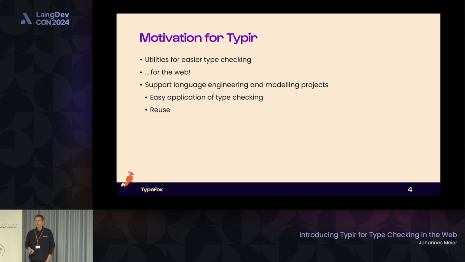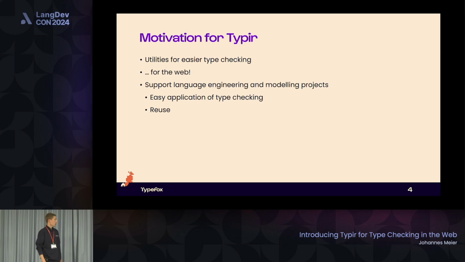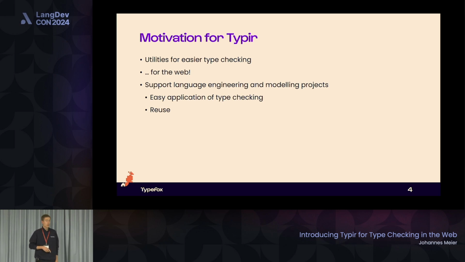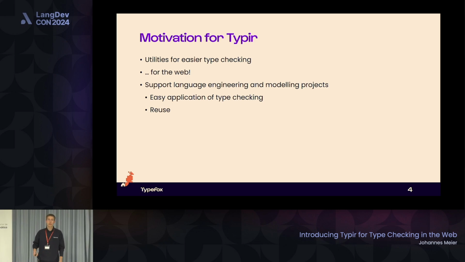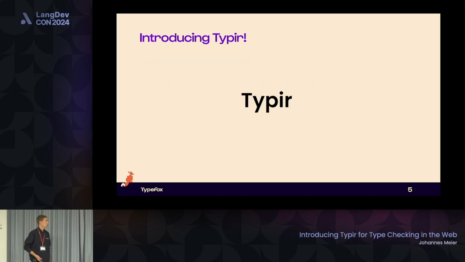And since customers ask for web-based tools and solutions, it must run in the web nowadays. So the main idea is to ease the application of type checking, and in particular to reuse stuff which is often used in any type checking project.